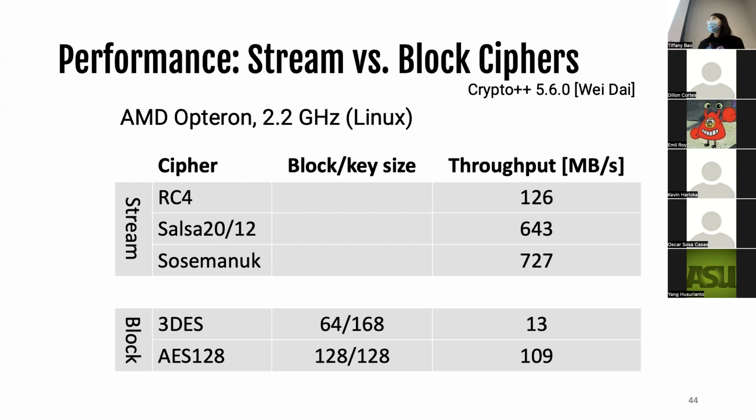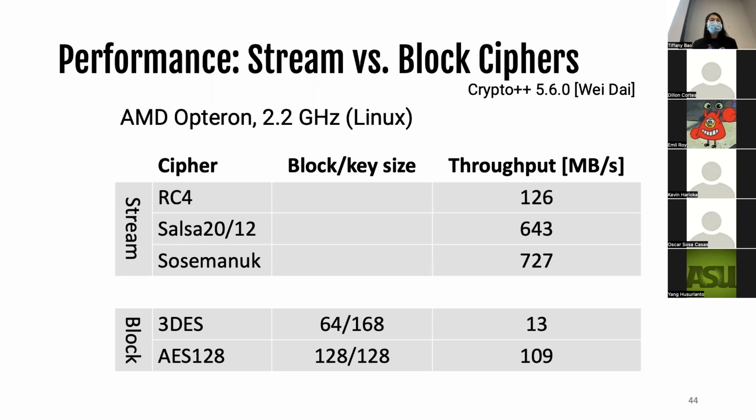So you can check this table. This is a measurement for 5 different kinds of ciphers. 3 of them are stream ciphers, and the other 2 are block ciphers. If you look at these throughput numbers, it means the number of bits, and here it's in the unit of megabytes, that they can output per second.